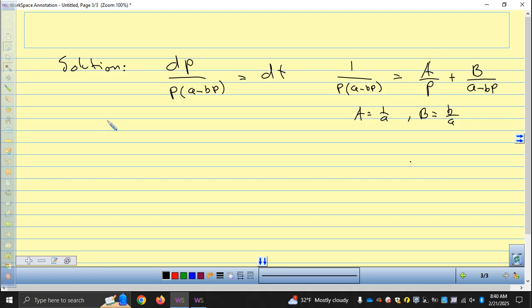So we have the integral of (1 over A over P plus B over A times (A minus BP)) dP equals, and I'm going to integrate this, we get T plus C when we integrate the right-hand side.